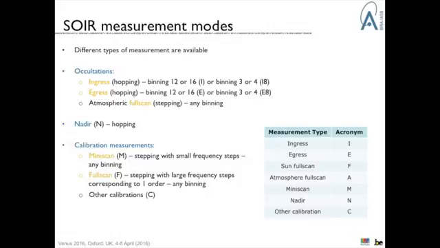That means 100 orders, covering the complete sensitive wavelength range. We have tried nadir, but the instrument is not optimized for nadir observations, that's not really interesting scientifically. And then there are calibrations.